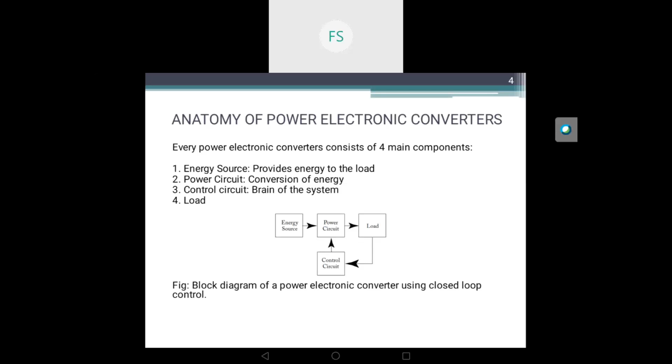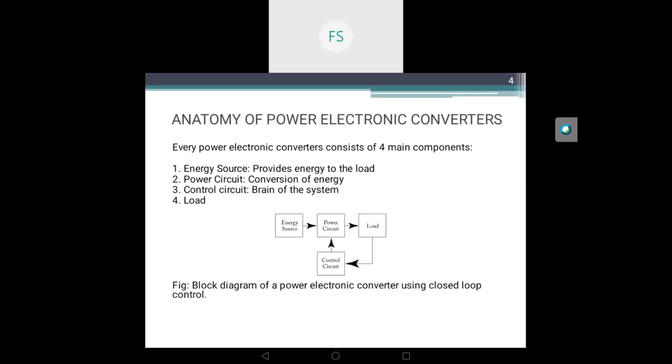So let us take an example. If the energy source is a DC source and the load is an AC motor, then you definitely need to convert DC to AC, right? So the power circuit in that case will be an inverter.